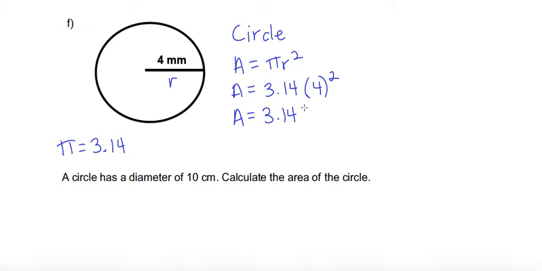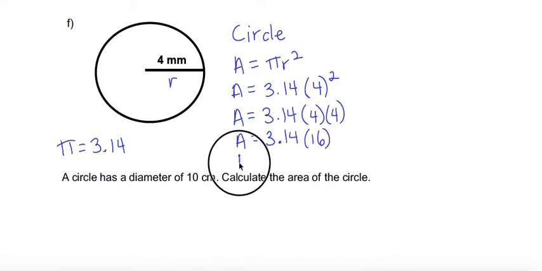So 4 squared is the same as 4 times 4, not 4 times 2. So I can multiply that out first to give me 16. And then I can multiply my 16 by my 3.14.